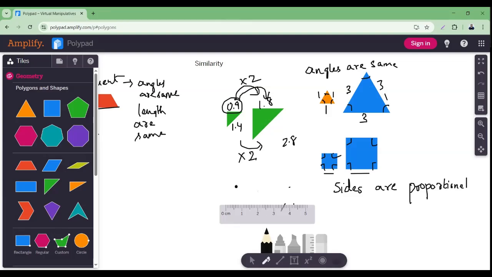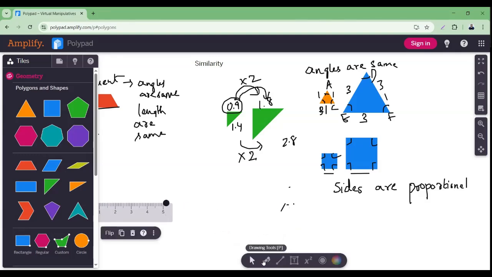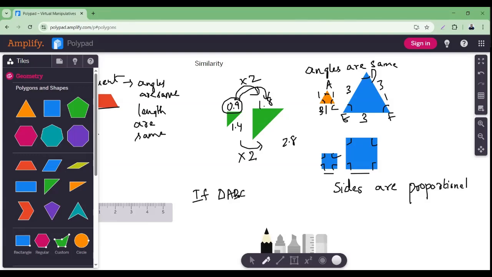of it. That means to say, if I have a triangle ABC here and a triangle DEF here, what can I say if triangle ABC is similar to triangle DEF? Similar means the three sides are in proportion.